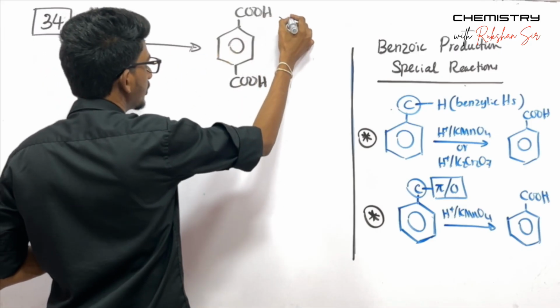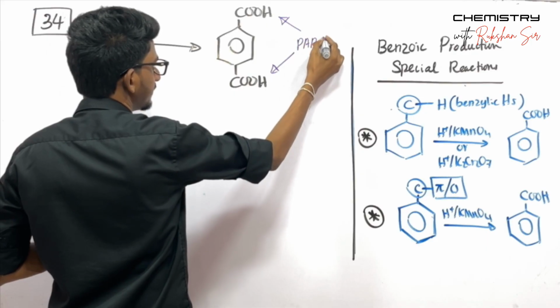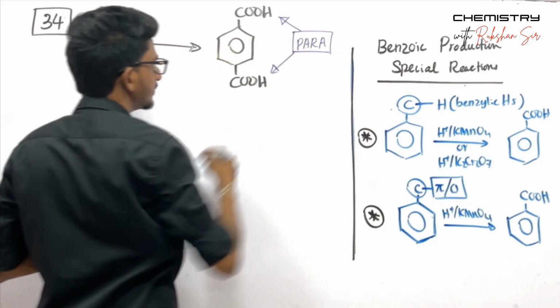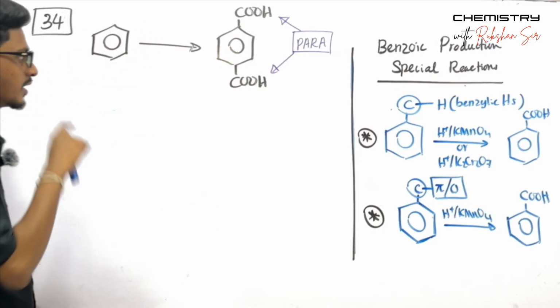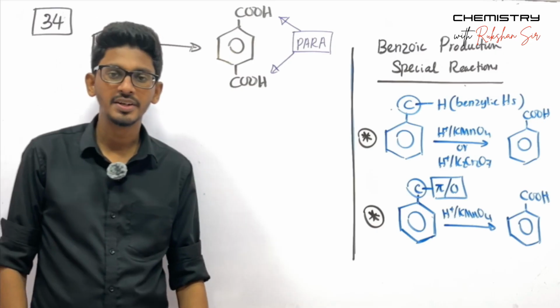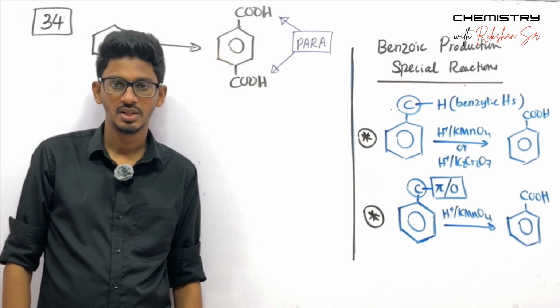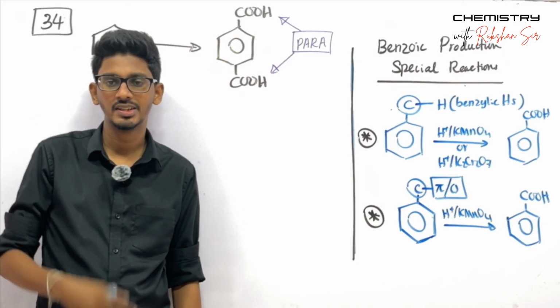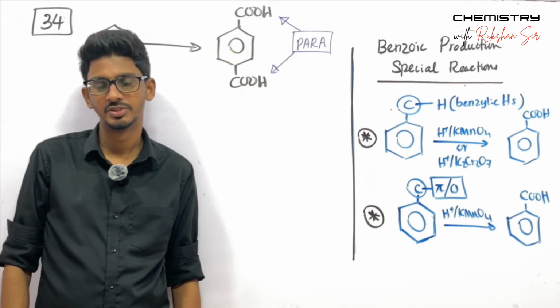The two groups are parallel to each other, para to each other. So first you need to connect a para director, then only the second group comes to the para position.